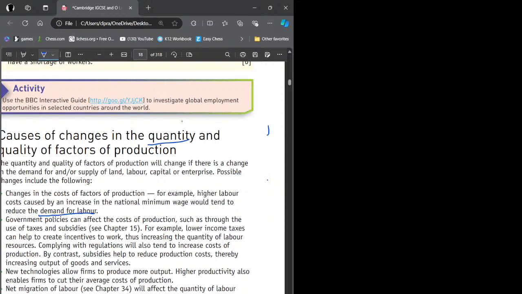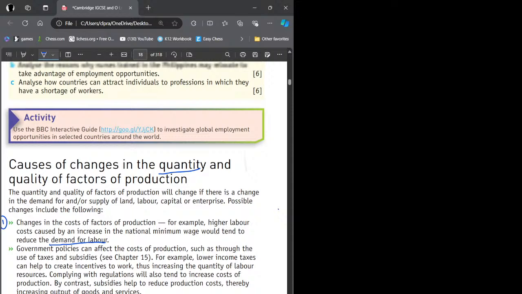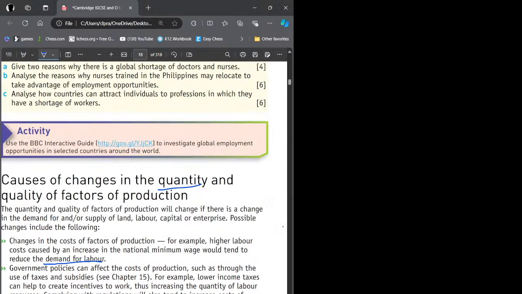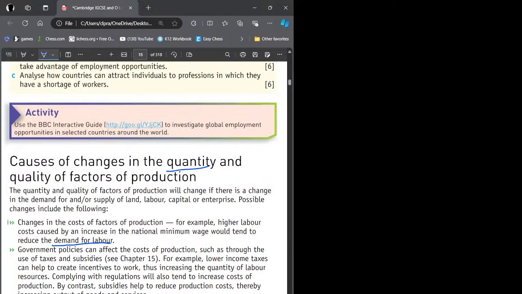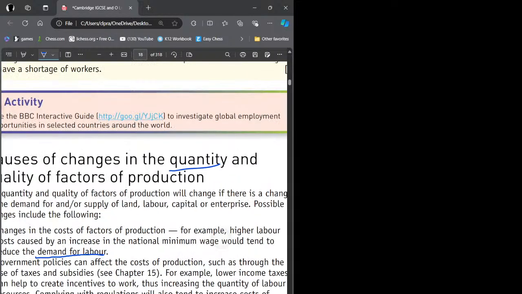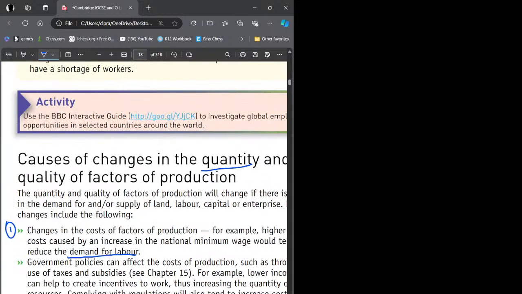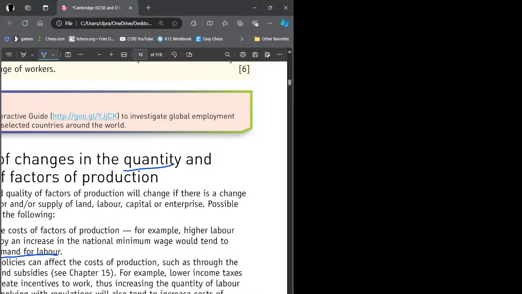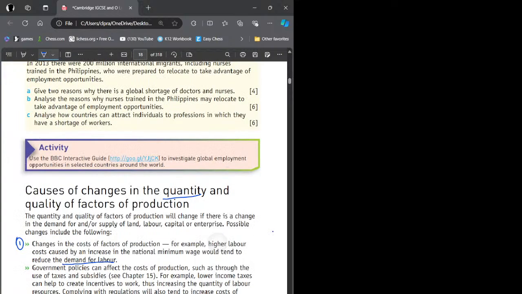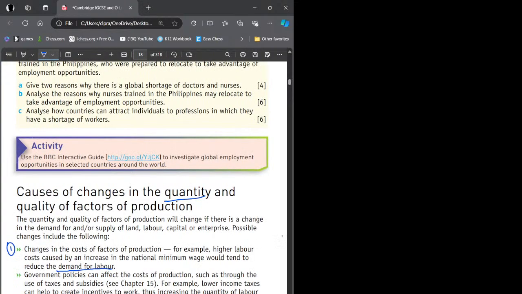So government policies: when the government imposes high taxation, this will increase the cost of production, which will increase prices, which will decrease the quality or quantity of the factors of production. So maybe the company might start removing a few workers in order to maintain its original price of, let's say, $12 that we're talking about.